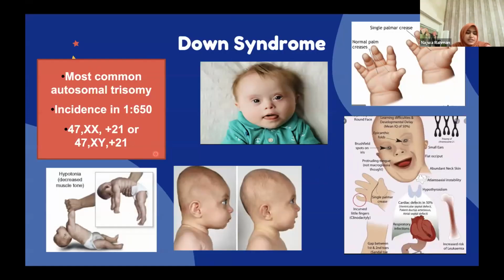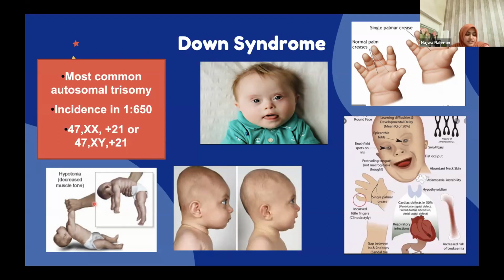Down syndrome is the most common autosomal trisomy and the most common genetic cause of severe learning difficulties. The incidence of live-born infants with Down syndrome is around 1 in 650. Down syndrome is usually suspected at birth because of the baby's facial appearance.